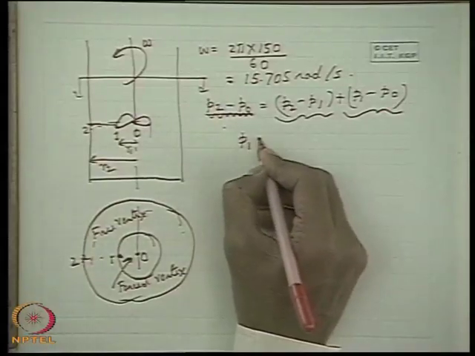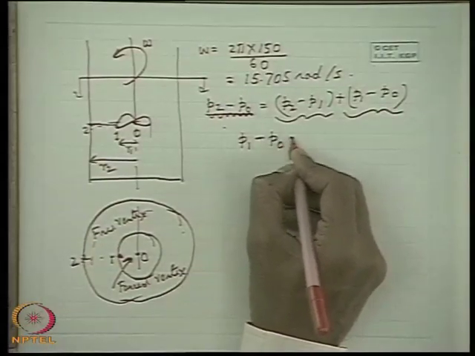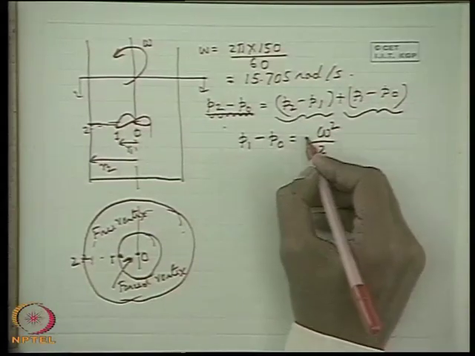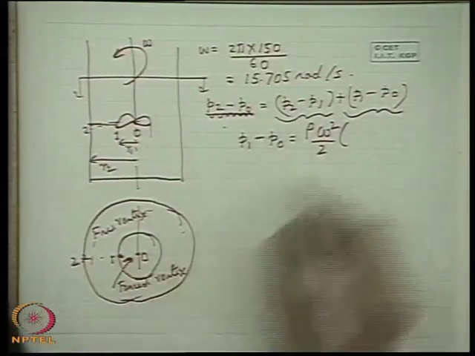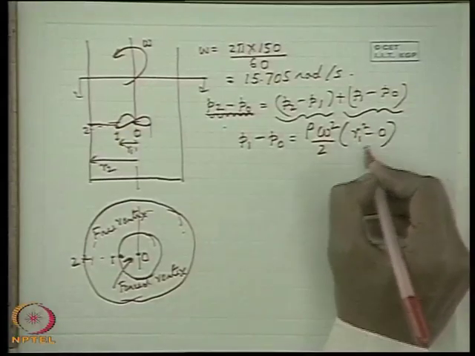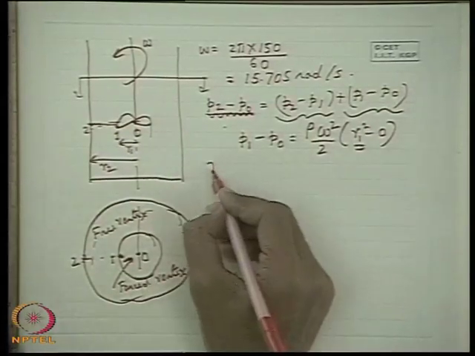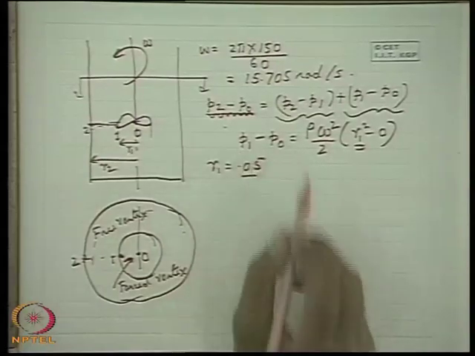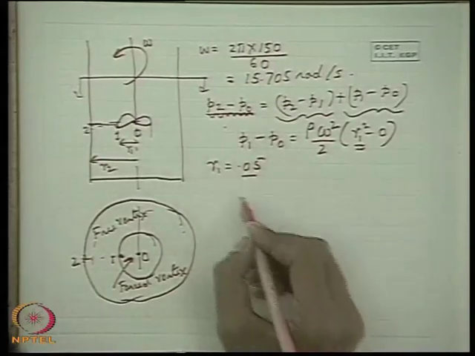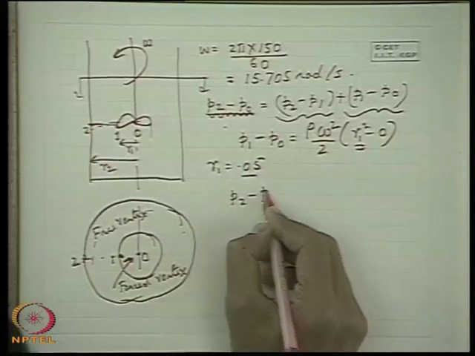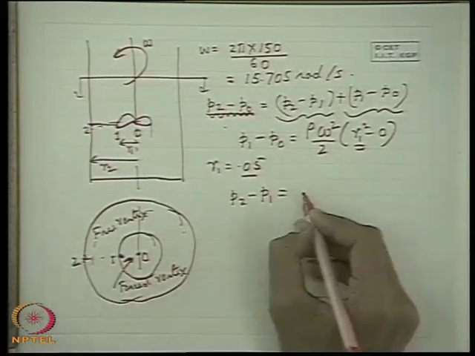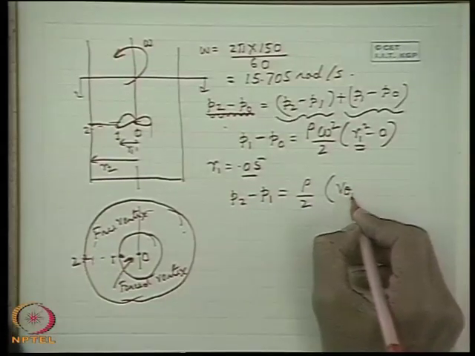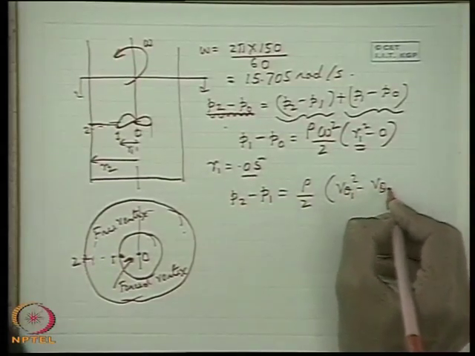P1 minus P0 from the forced vortex equation is omega square by 2 into rho into R1 square minus 0, that means simply R1 square, and the value of R1 is given as 0.05. If you put it in, we will get the value of P1 minus P0. Similarly, P2 minus P1 we get from Bernoulli's equation as rho by 2 into V theta 1 square minus V theta 2 square.